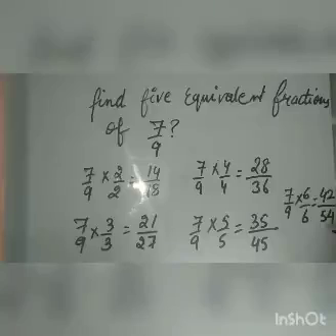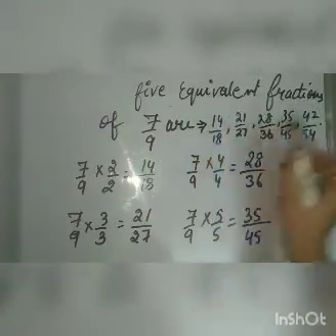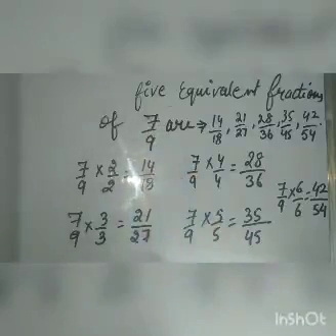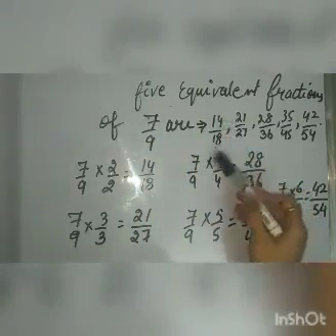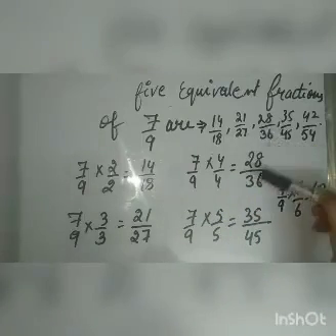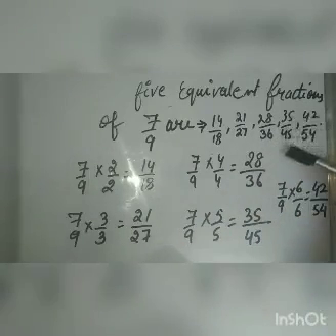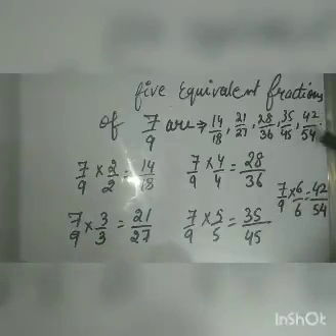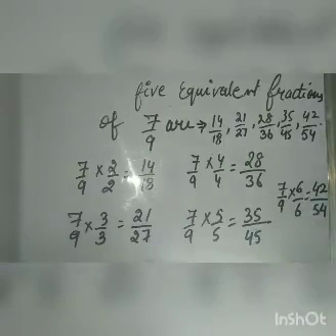We will get 42 upon 54. So 5 equivalent fractions of 7 upon 9 are 14 upon 18, 21 upon 27, 28 upon 36, 35 upon 45, 42 upon 54. Thank you.